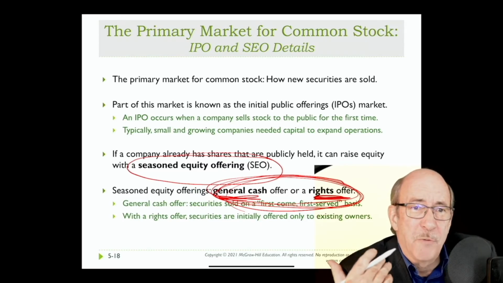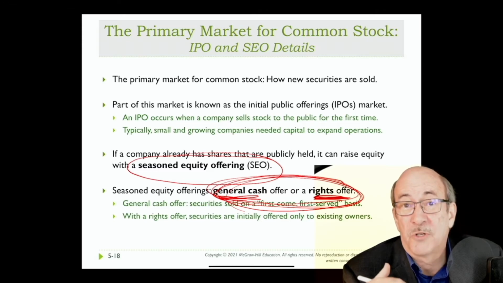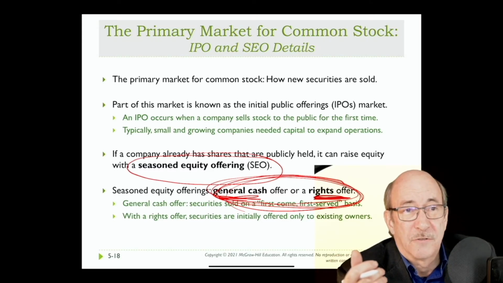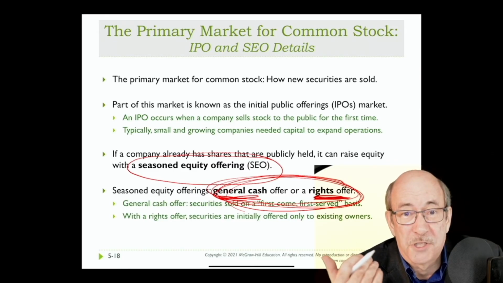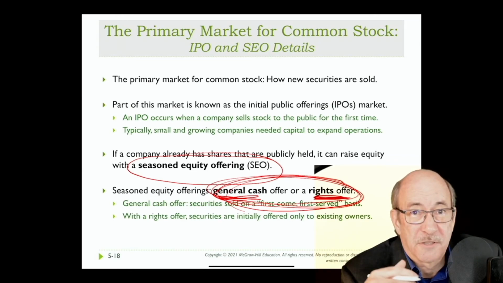That way, if you buy that share, you get to maintain your percent ownership and your percent control of the company. That's beneficial to the investor. Now, the investor may not want any more stock, in which case they decline the offer and just keep what they have.